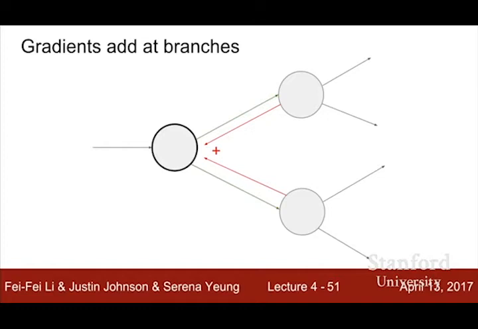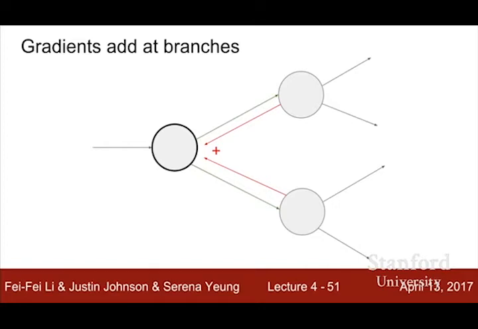You can think about this that if you're going to change this node a little bit, it's going to affect both of these connected nodes in the forward pass. And so then when you're doing backprop, both of these gradients coming back are going to affect this node, and that's why we're going to sum these up to be the total upstream gradient flowing back into this node.